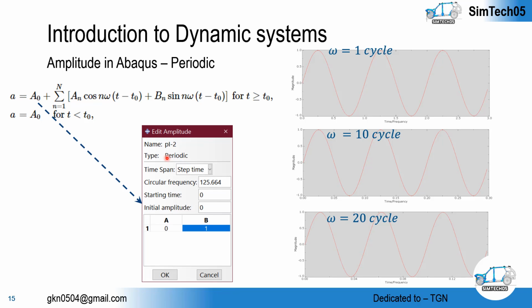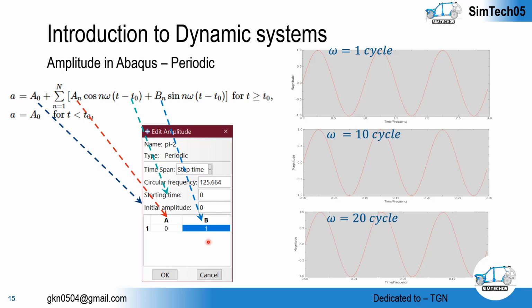And of course, if you want to take an overview of what these values are, you can take it from here. You can take a snapshot of this screen also. This is the initial amplitude. I already explained, but here it will give you an overview. The A_N value from here, like 0, 1, 2, 3, 4, whatever you are going to define in this column, and the B value, here 1, 0, 0.5, and whatever you define.